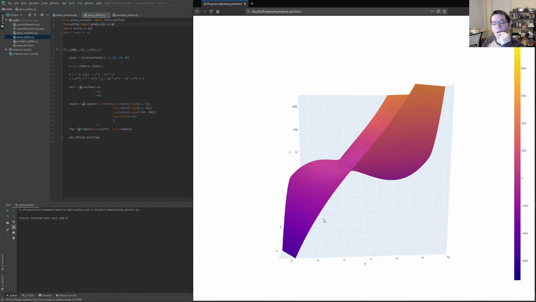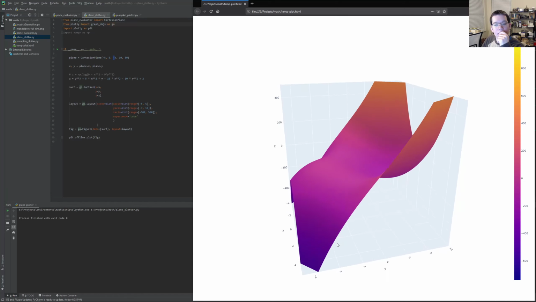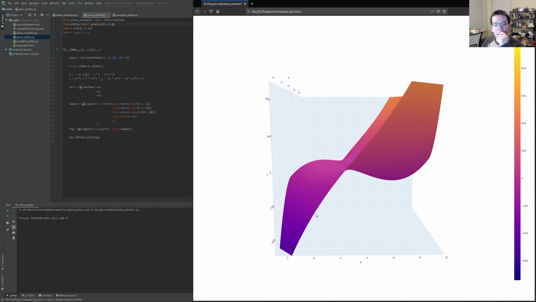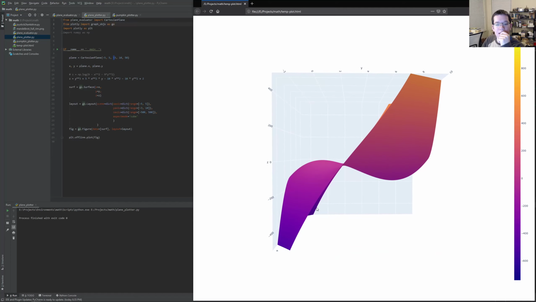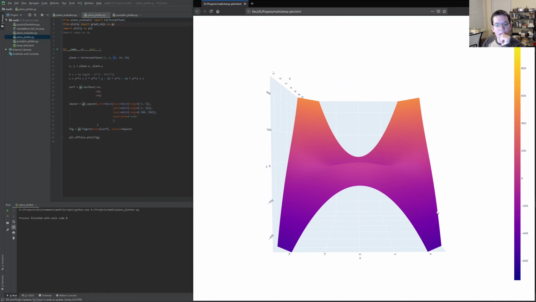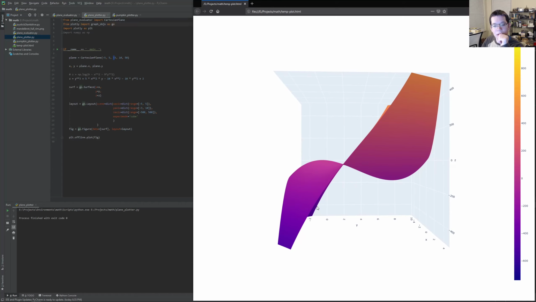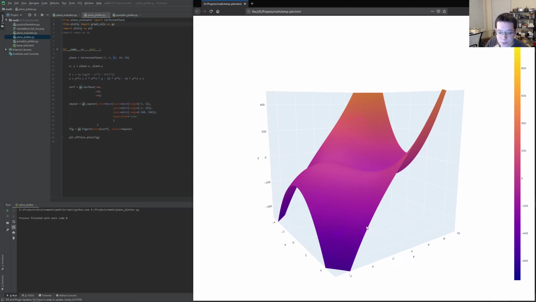How do I describe this? Maybe that's a saddle point. No, it's not. Is it a max in one and a min in another? No. I'm thinking. It's been a long time since I did saddle points or anything.